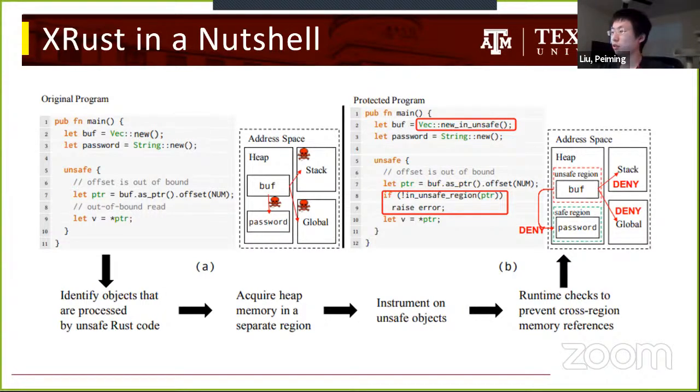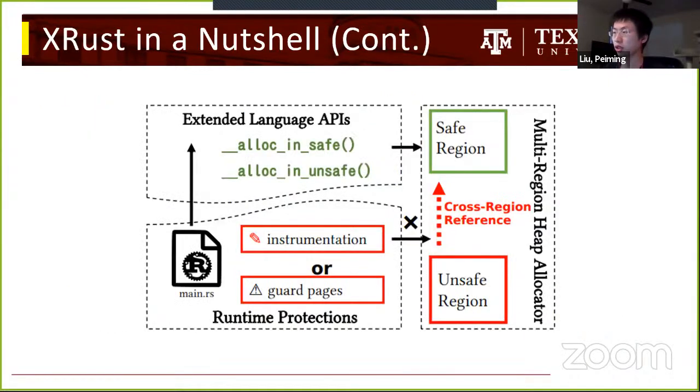For those unsafe objects, we allocate them into a different memory region to isolate them from safe objects. Runtime checks are inserted to guarantee that accesses on unsafe objects cannot escape the unsafe memory region. As a result, the memory corruption on buff cannot damage the integrity of safe objects, such as the password in this example. So there are 3 key components in XRust.